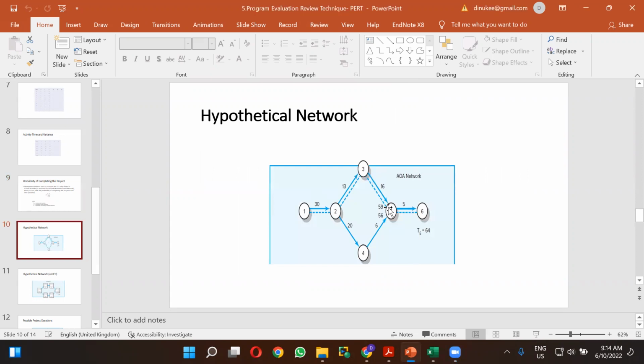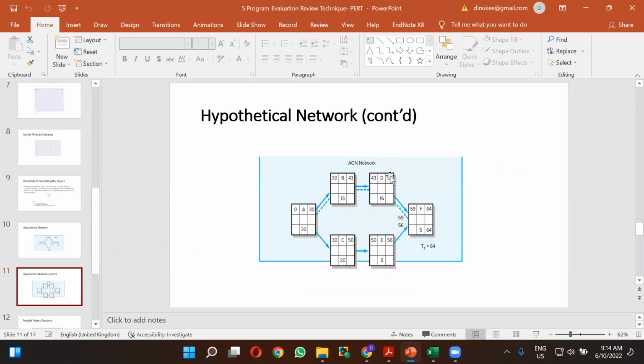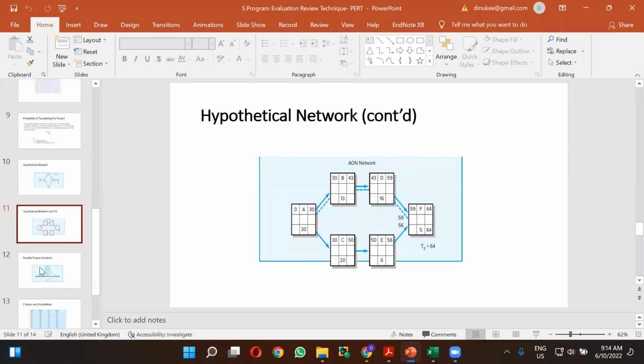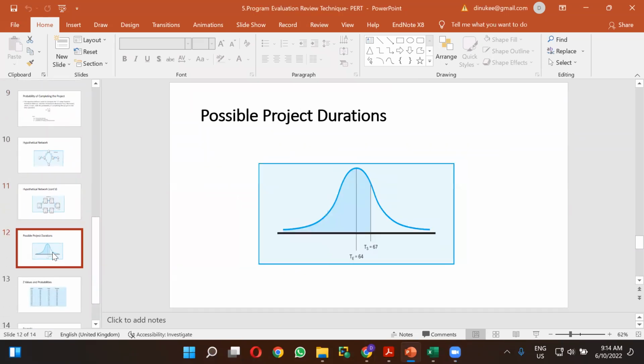The network we have drawn for this explains both the activity on arrow approach and the activity on node approach.